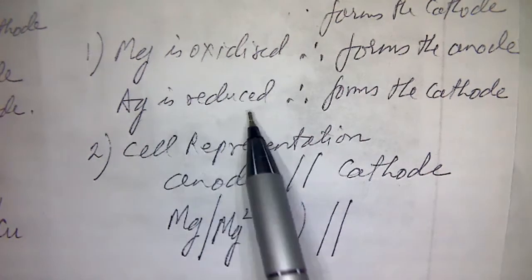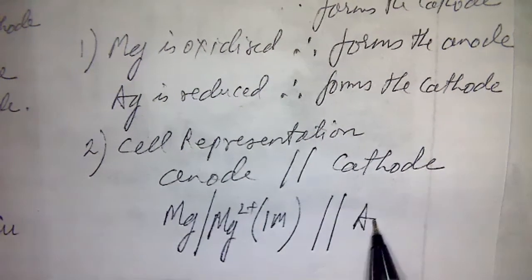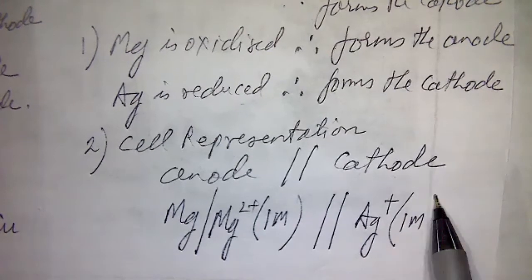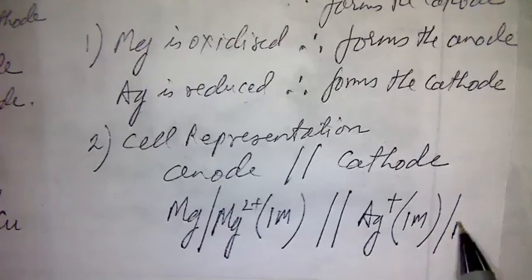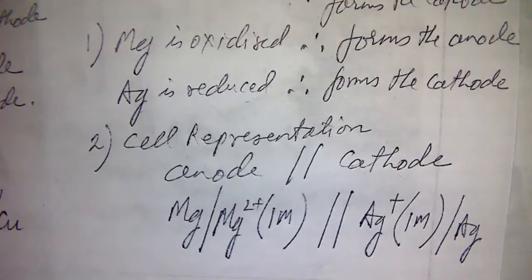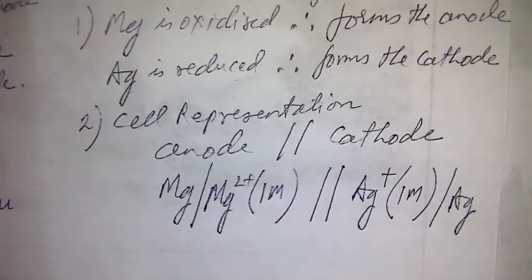Silver is reduced, so you write silver in reduced form. Reduced form is first the ion, then the solid metal. So this is your cell representation, isn't it? Anode, salt bridge, cathode, left, right.